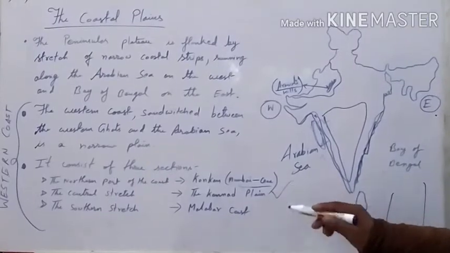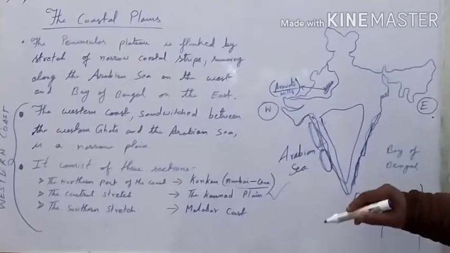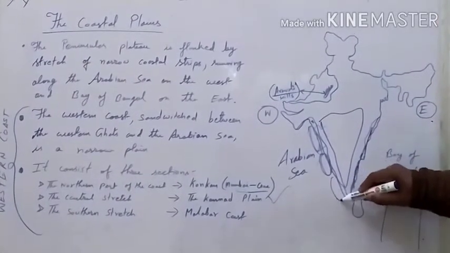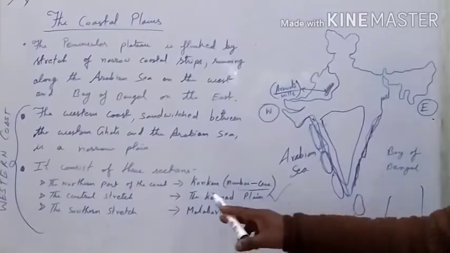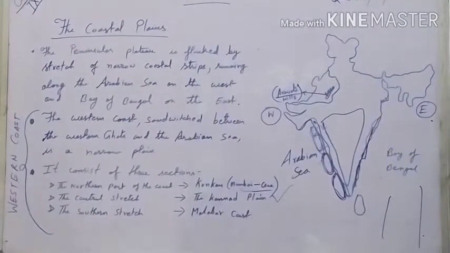The next one is the Kannada plain, which lies between the Konkan coast and the Malabar coast. The third one is the Malabar coast, which lies here. The central stretch is your Kannada, and the southern stretch is your Malabar coast. So these are the three coasts of the western coast.